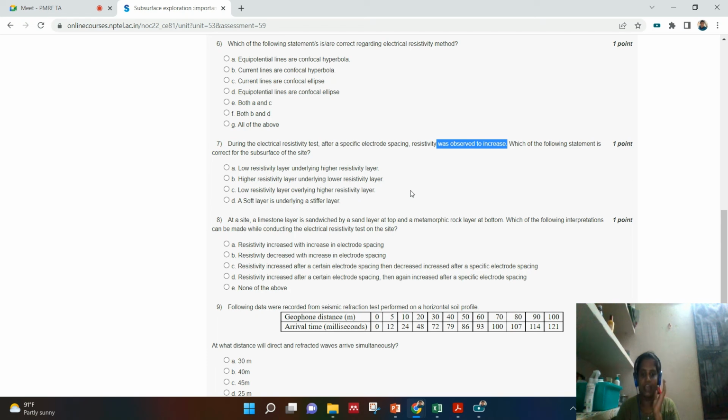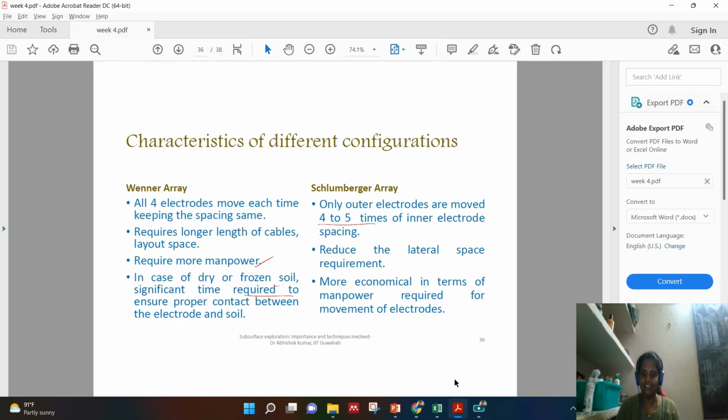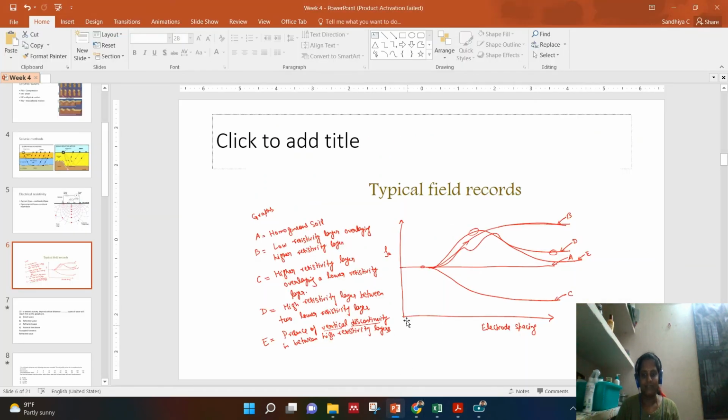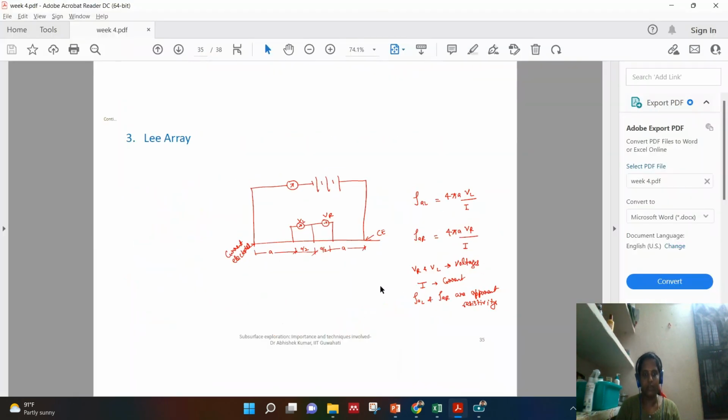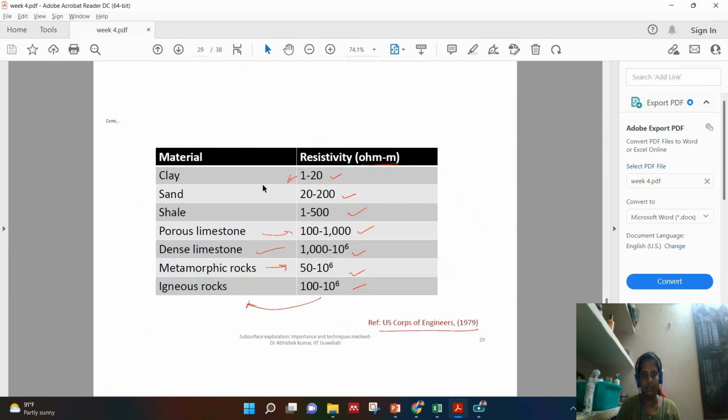You have to see the graph and tell. I cannot tell all the assignment answers. The answer is there in the graph here. And you have limestone. They have resistivity values for the different materials in the video.